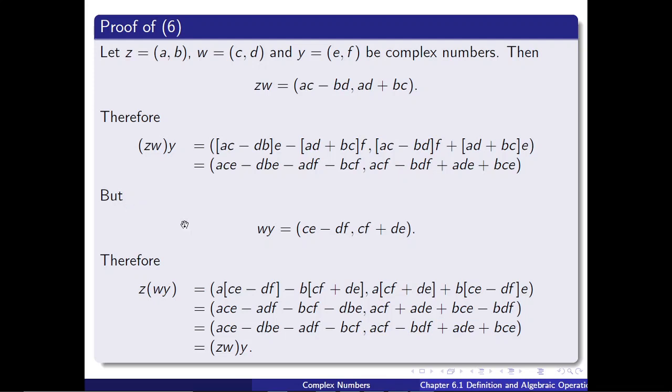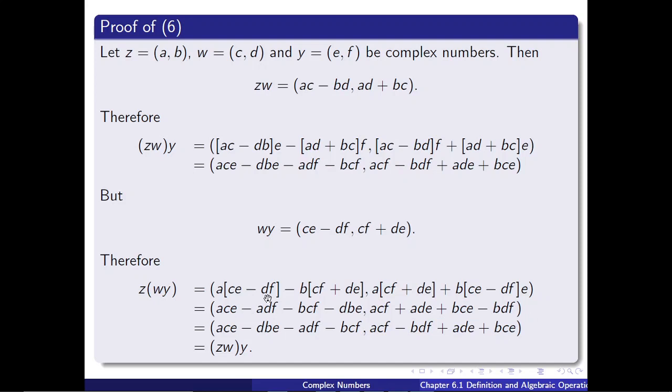Then what we also know is that if we look at wy, then using the rule for a product of two complex numbers, we can see that wy becomes (ce minus df, cf plus de) like that. So if we then say z times wy, we are multiplying z and what we have here, and we get something like that by just employing the rule on the product of two complex numbers.